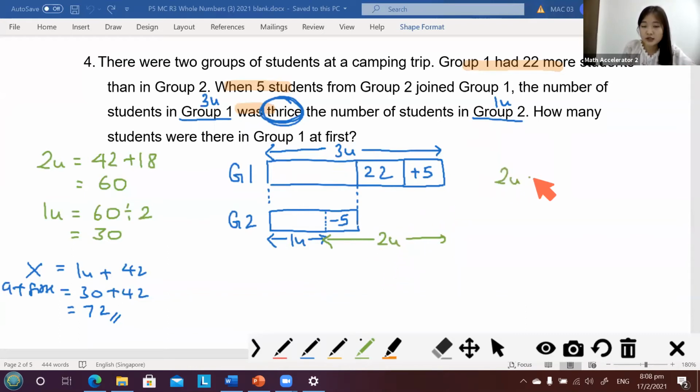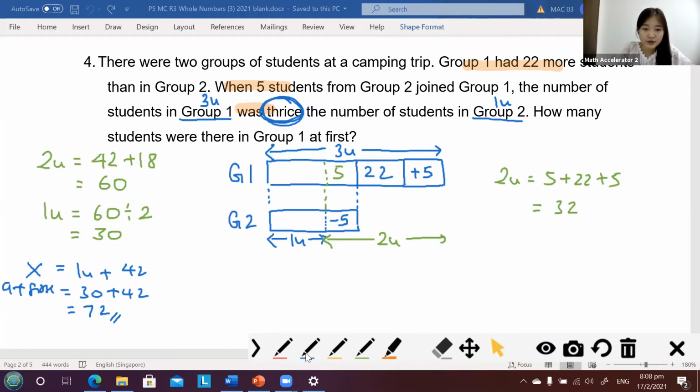So 2 units is equals to 5 plus 22 plus 5. So if you put 27, you're missing out a 5. You must add in 2 5s, which is 32. So if you put 27, that's not correct. So correct your working. You must add in 2 5s.